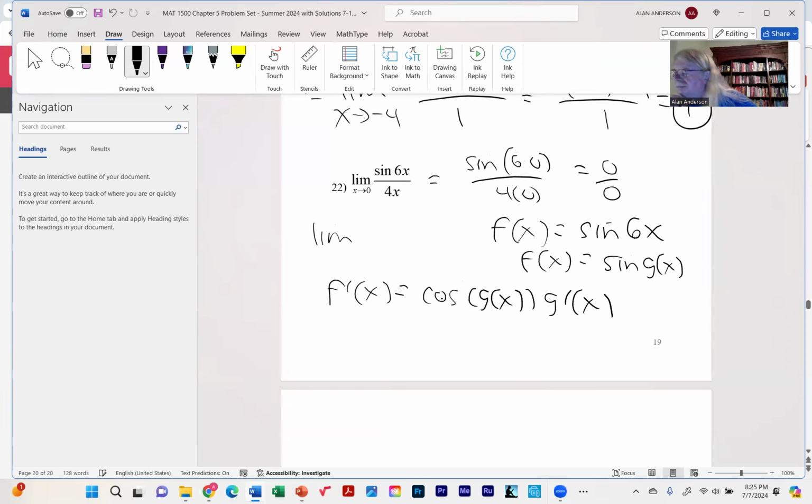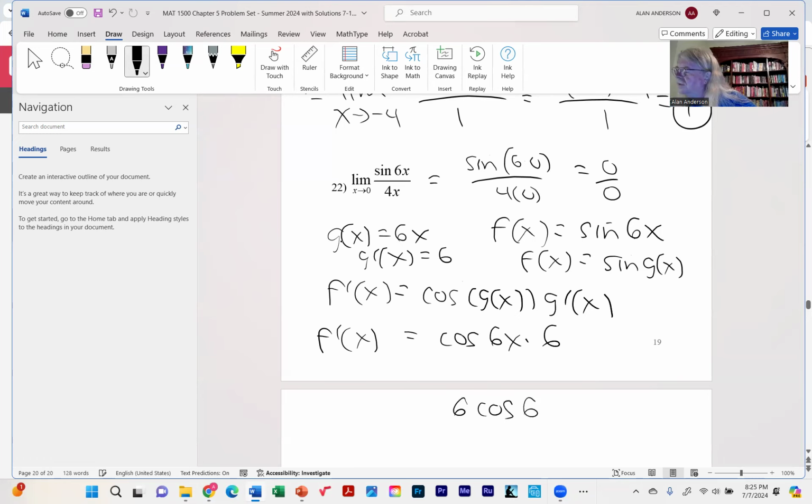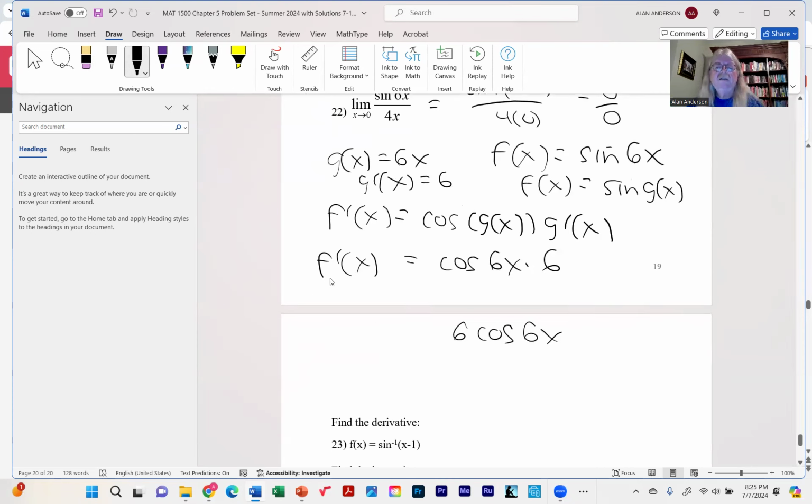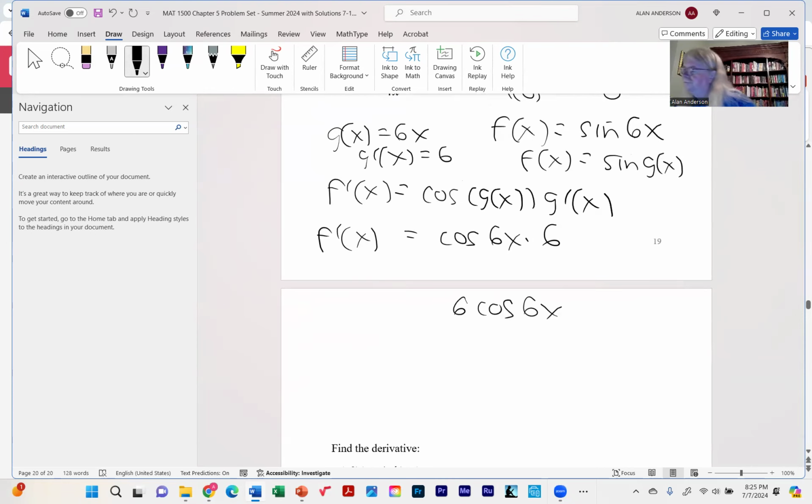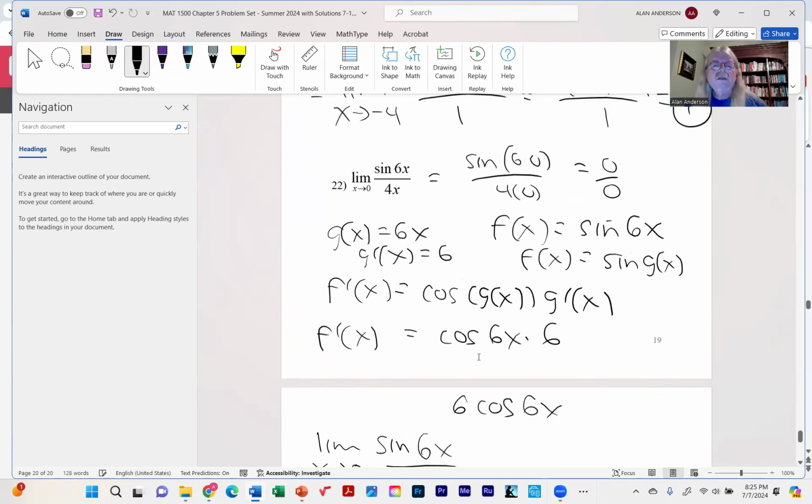So here clearly g of x is 6x. So g prime of x is 6. So this leaves us with cosine 6x times 6, or 6 cosine 6x. That would be the derivative of the numerator. And the denominator is 4x.